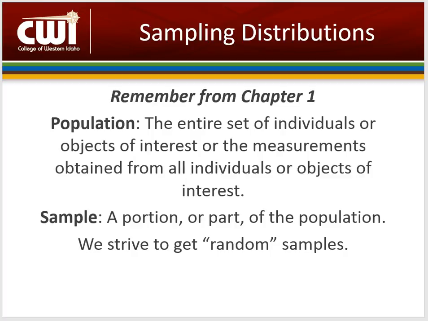It may be the mean or some measurement or the weight of some object or some other characteristic of each member of the population. A sample is a portion of the population. A sample is simply a subset of the population. To ensure accuracy, we strive to select random samples using various sampling techniques like stratified or systematic random sampling.